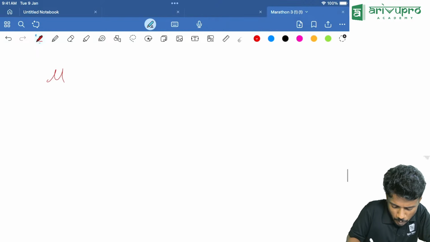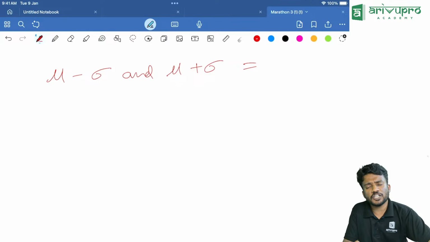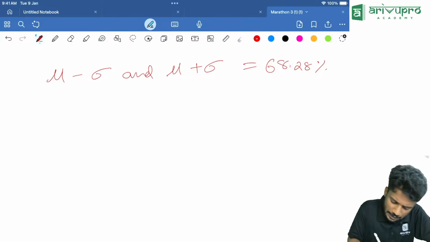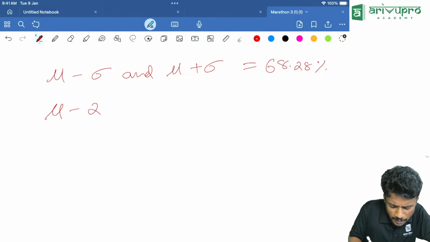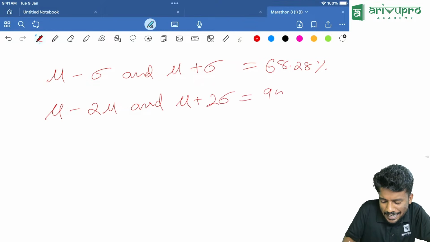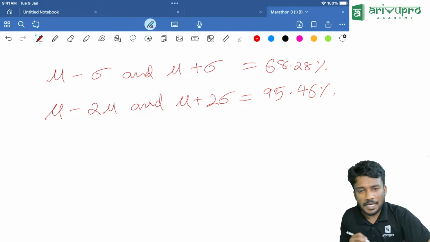In between mu minus sigma and mu plus sigma, how much area is covered? Around 68.28% of the area is covered. Then in between mu minus 2 sigma and mu plus 2 sigma, around 95.46 percent of the area is covered.